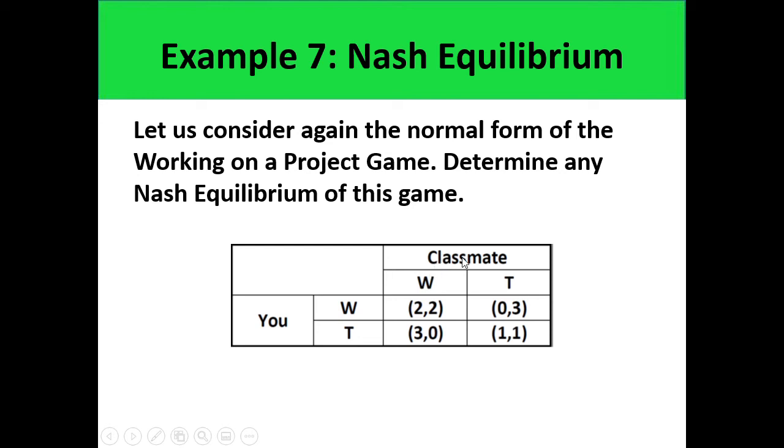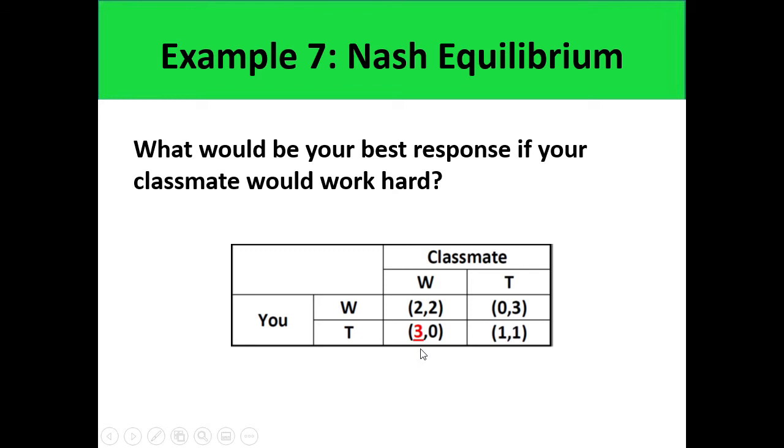So that means if the column player decides to work hard, then the row player will get 2 or 3, depending on whether the row player decides to work hard or take it easy. So, as the row player, we will take it easy. So, we will underline 3 because this one is a better response compared to working hard, which only gives 2.